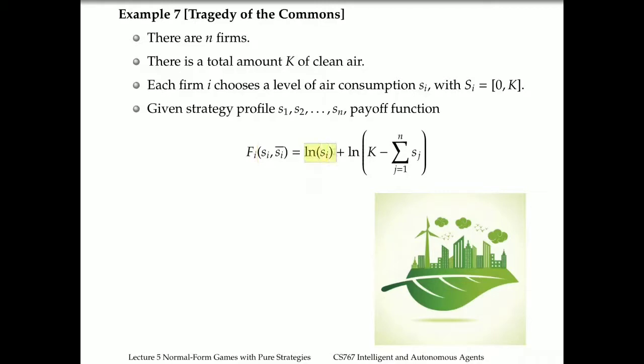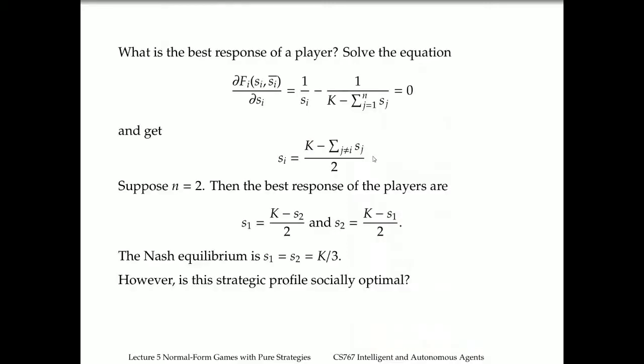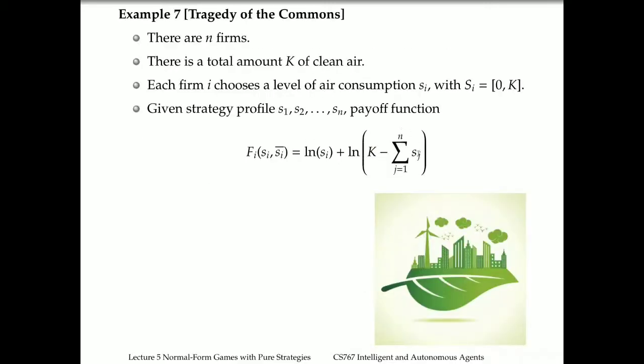So there's a first component which relies on the consumption of the first firm, and there's a second term which represents what we call the externality, and so that's the remaining natural resources, like clean air, that's left, and these are not just taken by the i-th factory, but taken by all the factories, and therefore we're interested in the difference between K and the sum of all of the Sj's, right?